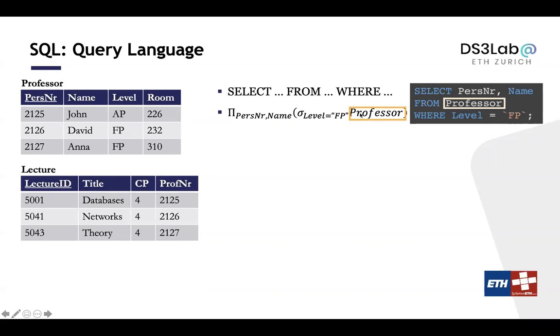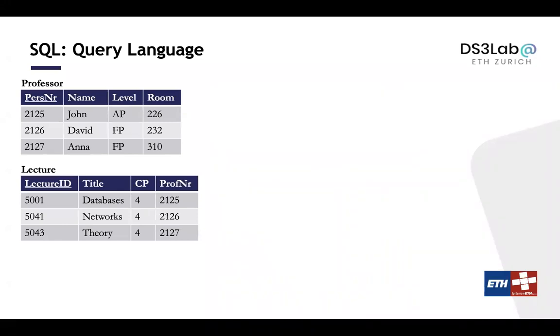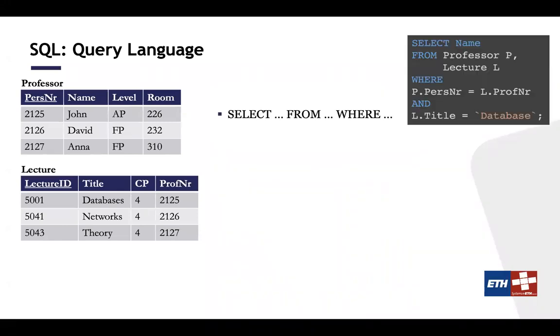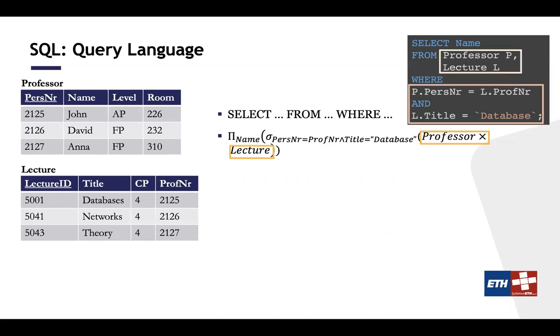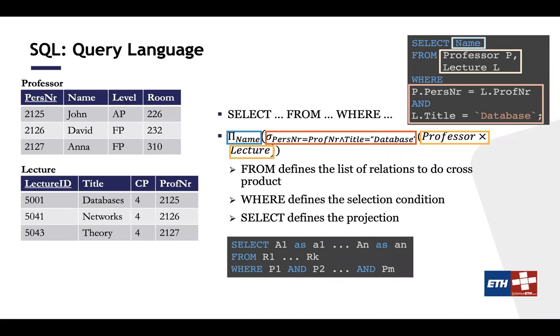Whatever you want to select from, you put that after from. Whatever you want to do projection on, you put that after select, and you put all the conditions after where. And then there's a whole bunch of syntax you can actually use to join multiple relations. In general, if you are trying to write a relational algebra expression like this, it corresponds to this expression.